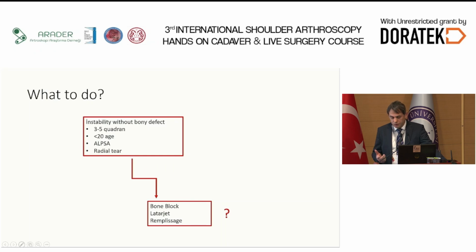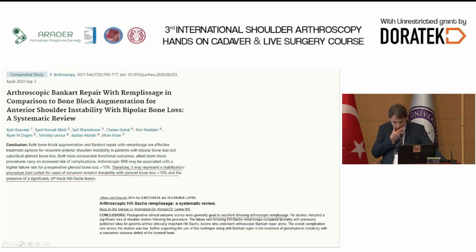Is it enough to do a repair or something else? We must think to use another technique, maybe bone block, latarjet, or remplissage. Remplissage is a good option for some of the patients, and it gives results like a bone block.